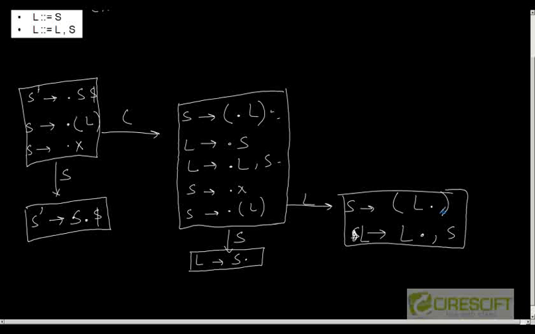So suppose this is my I0, this is my I1, this is my I2, this is my I3, and this is my I4. Then closure of I4 is the same.